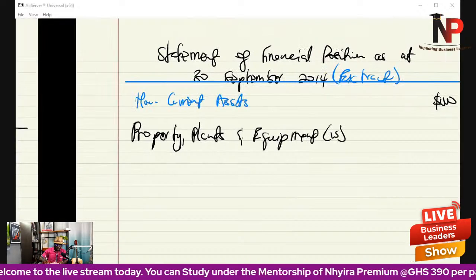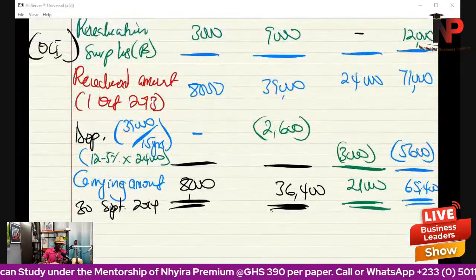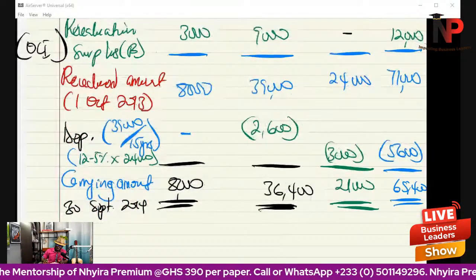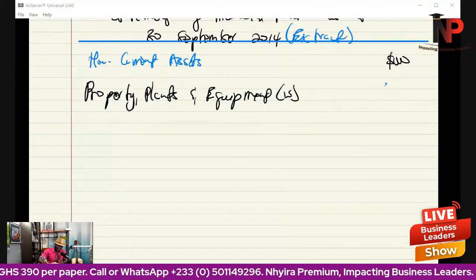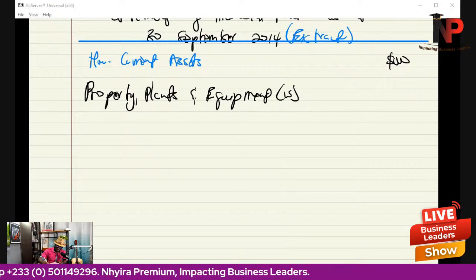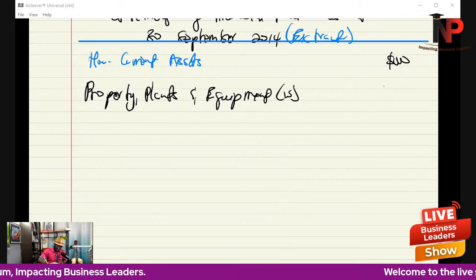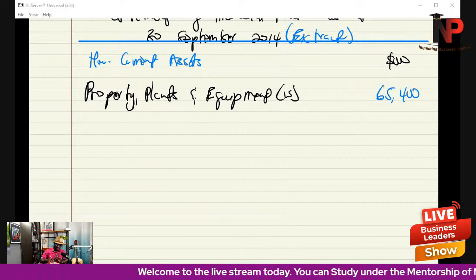And that's where we're going to bring our carrying amount from our working slide. As at September 2014, that will be $65,400. All right. So that is what we have there.